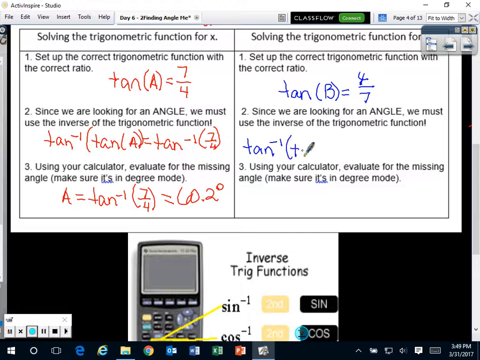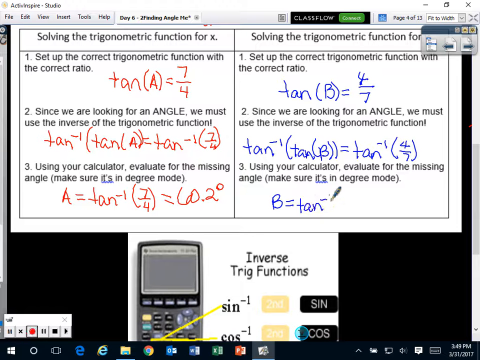So tangent inverse of tangent B is equal to tangent inverse of 4/7, because whatever we do to one side, we have to do to the other. Now my tangent inverse cancels out my tangent, so I've got B equals tangent inverse of 4/7.